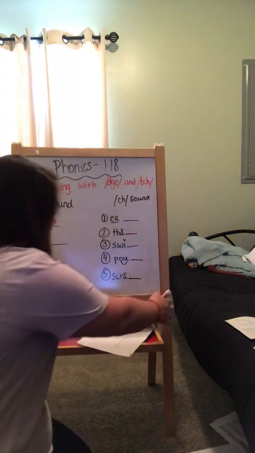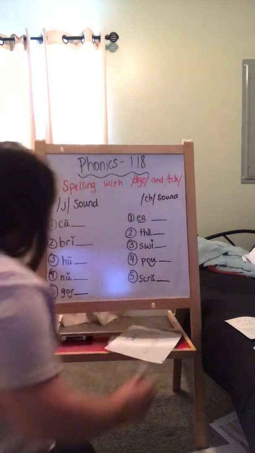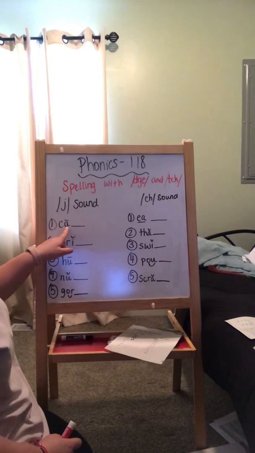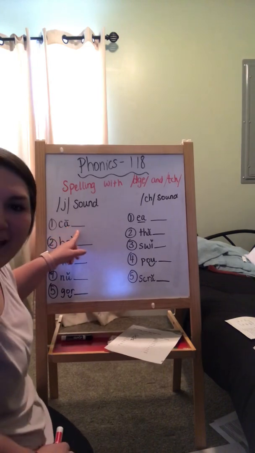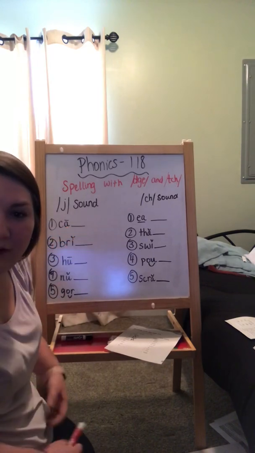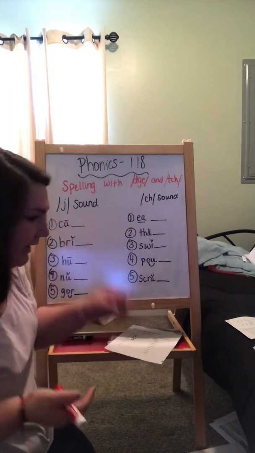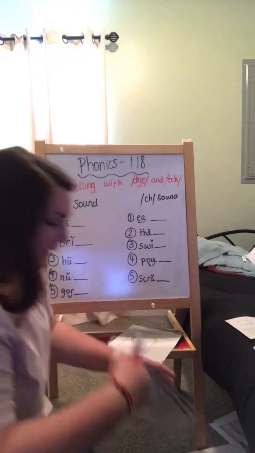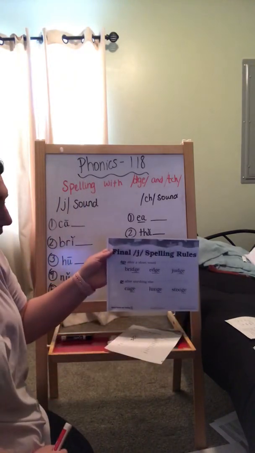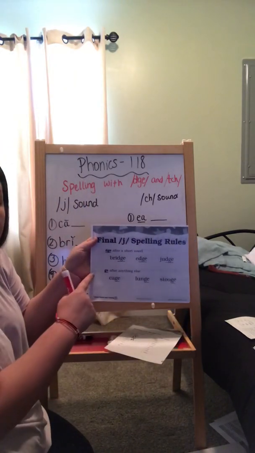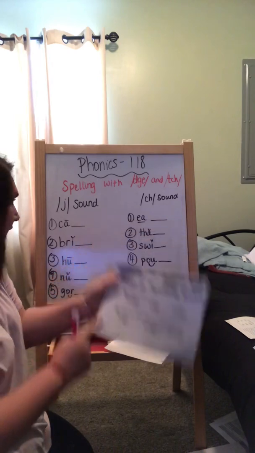So the first word that I have, I've got K-A-J, cage. Now I have to figure out, am I going to add a DGE or a GE? So let's go back to our rule and remember, DGE after a short vowel, GE after anything else.